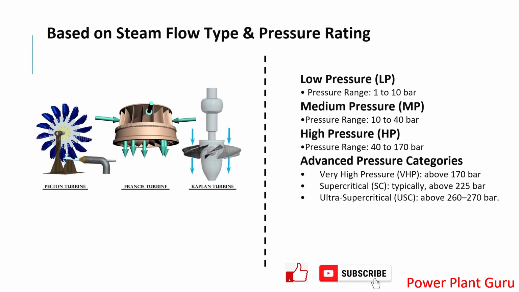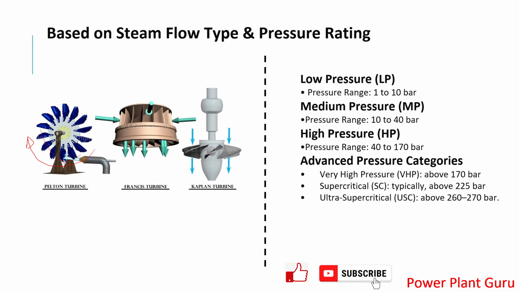There is another type which is based on steam flow and pressure rating. Although this is not very technical, anybody can guess it. Here we can see radial type of flow, where on the radial side we are putting a force, normally in a Pelton wheel kind of turbine. You put a force on this axis, and it rotates.